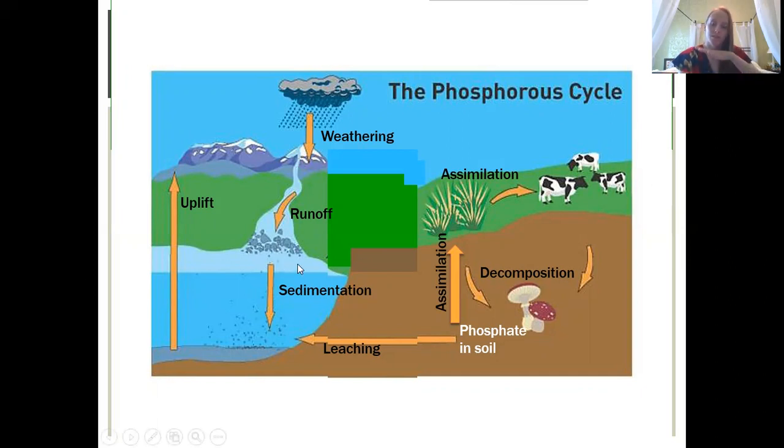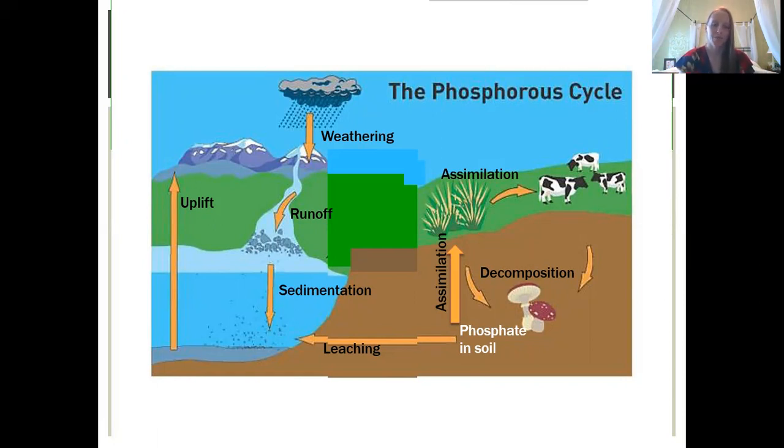And then once the phosphates get to that larger body of water, the soil sinks, again with the phosphates, and builds up at the bottom of that body of water. That is the sedimentation process, that buildup of the soil containing the phosphates and the shells containing the phosphates at the bottom of the body of water. And then over time, that sedimentation is compacted into sedimentary rock.